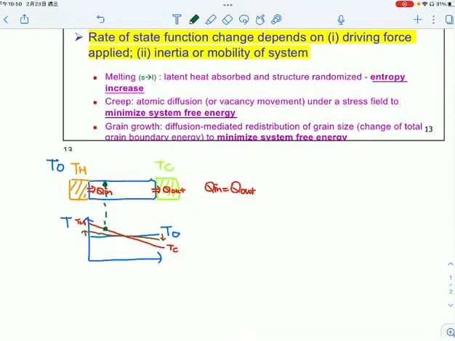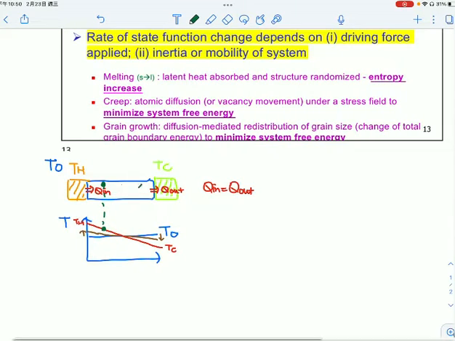But if we look locally at this point, the temperature at this location is this value, and because it's steady state, this profile does not change over time. So at this local site, the temperature does not change with time.